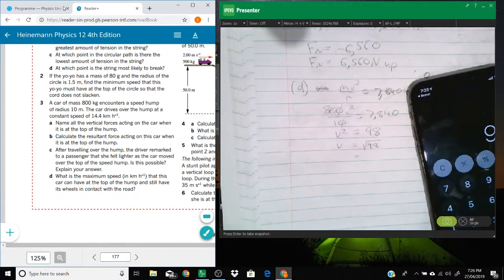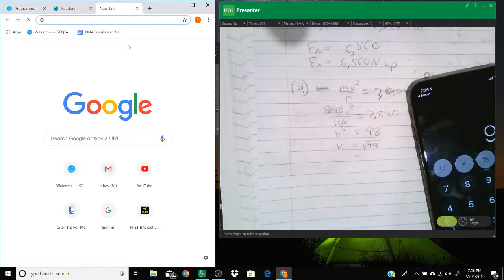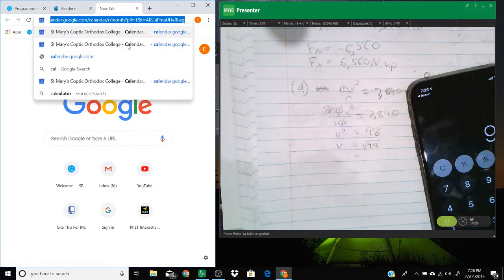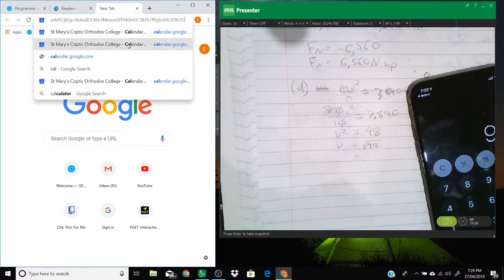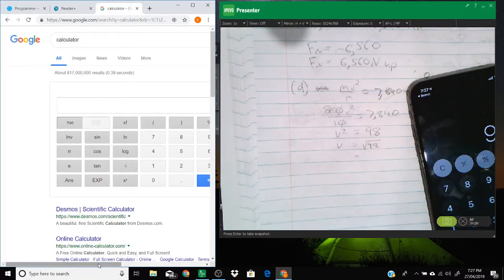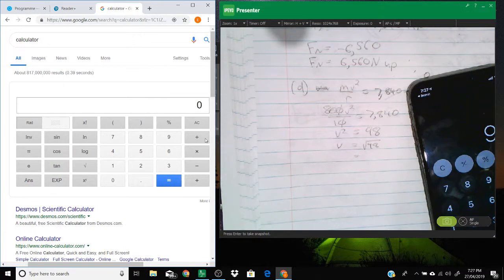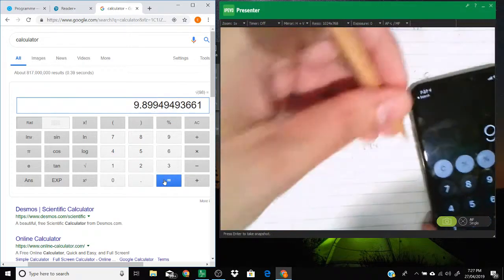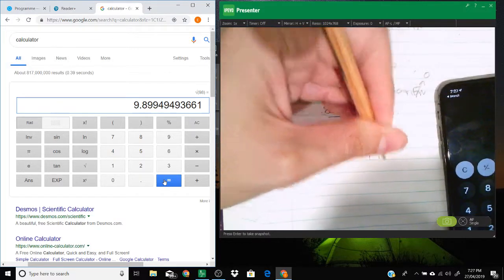Let's use our calculator here. Come prepared, bring your calculator. So 98, let's take the square root of that. You want to do it the other way around. All right, so 9.899. Round that to 9.9.